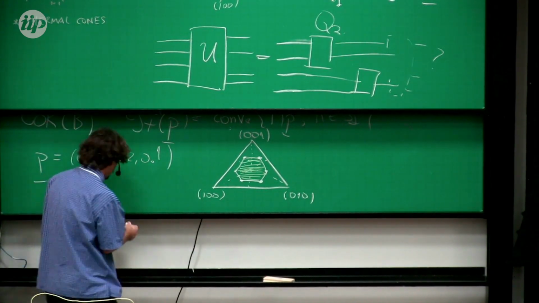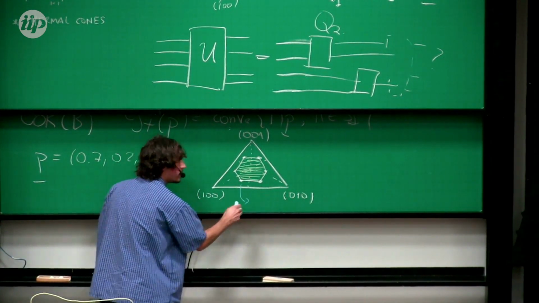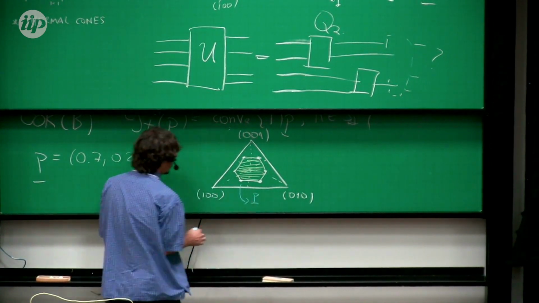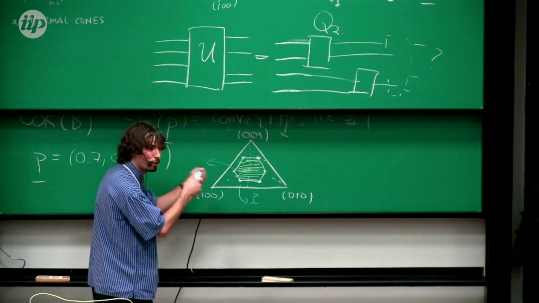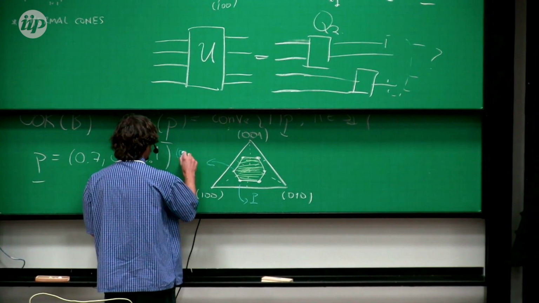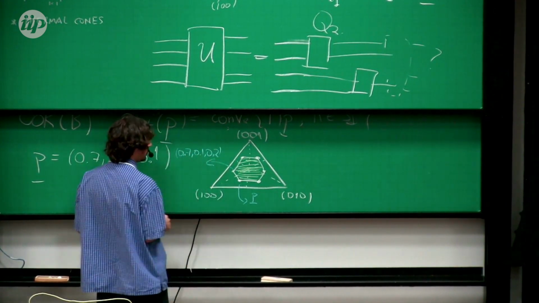So let's interpret this with more care. Here's our initial state P. Here is a permutation, a swap of two of the levels. So this is 0.7, 0.1, 0.2.